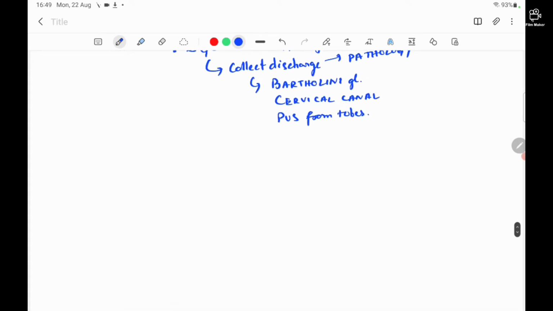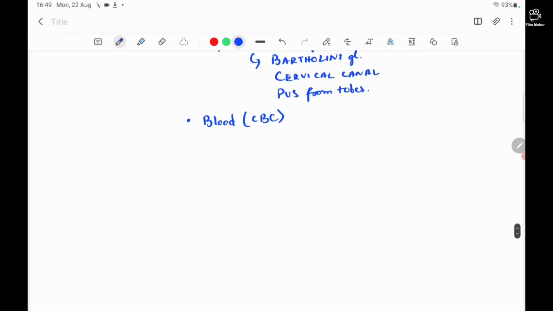Now, as this is a case of infection, you should be very particular with the hematological parameters of the patient. So in the blood testing, CBC, very importantly, complete blood count, and you should check for leukocytes.